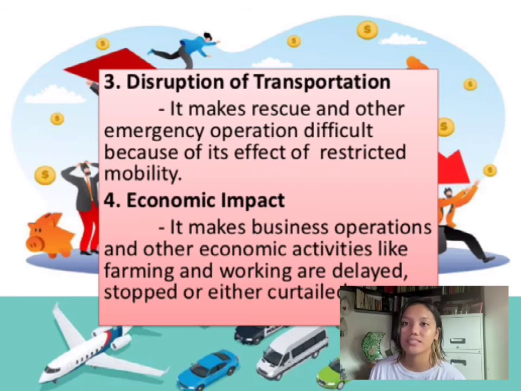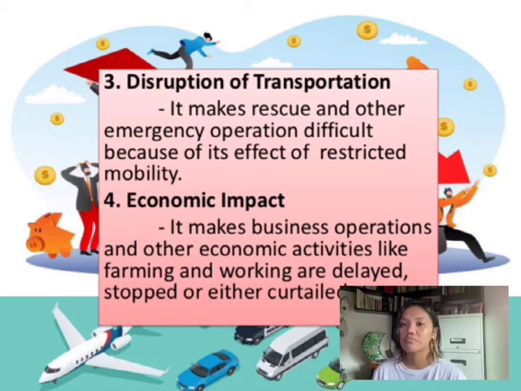So the fourth one is economic impact. It makes business operations and other economic activities like farming and working stop, delayed, or either curtailed. So in this situation, usually financial resources are limited or there are none.